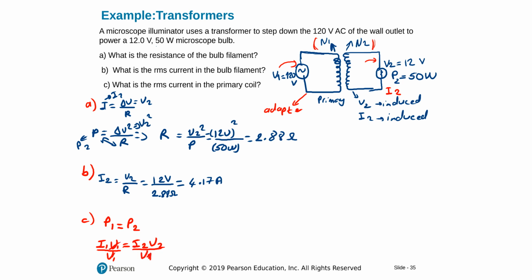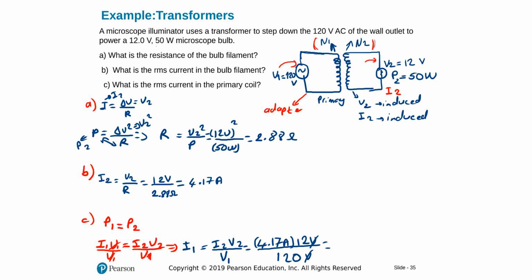And I will have from here, I should do blue again here. I lost my color coordinates. Alright, I1 here is equal to I2 times V2 divided by V1. And we're done. I2 is 4.17 amperes. V2 is 12 volts divided by V1, 120 volts.